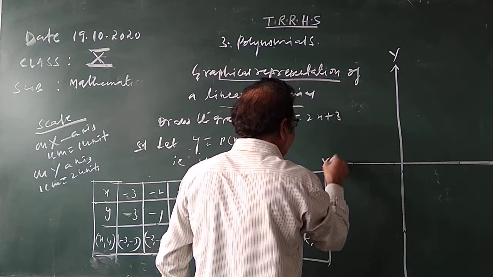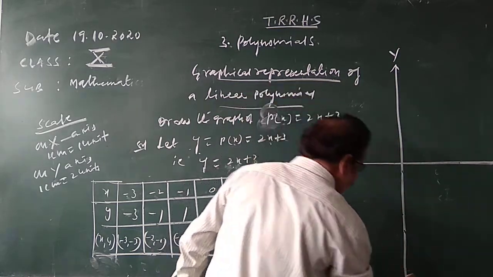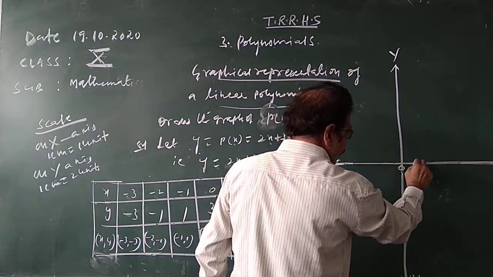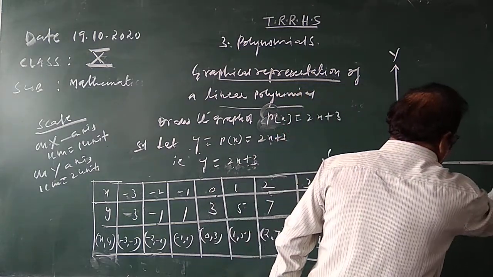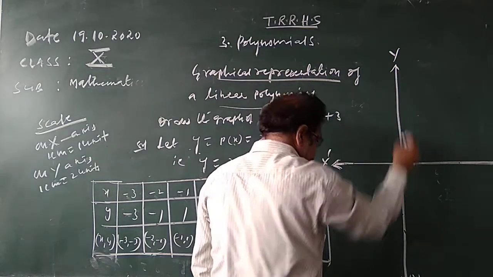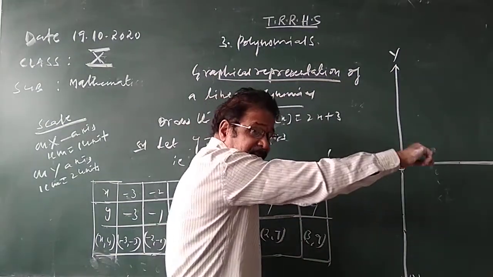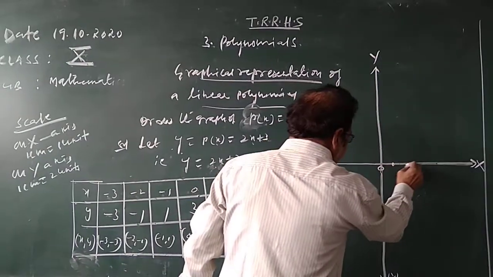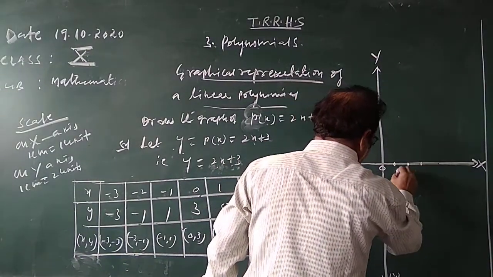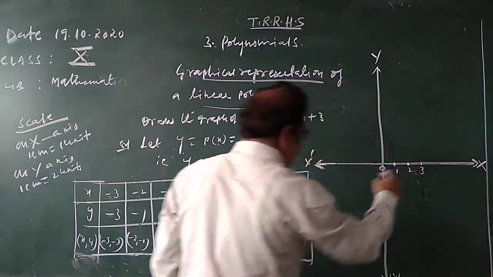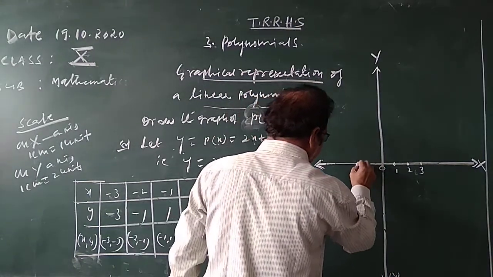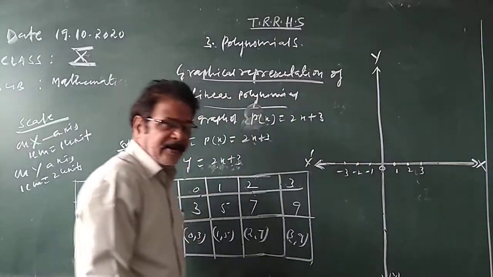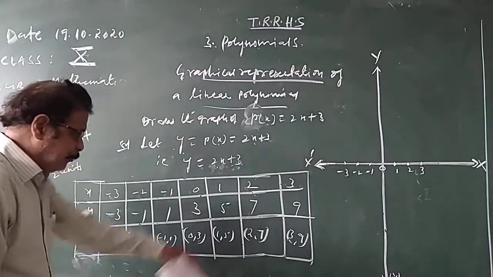This is x dash, and this is y dash, with 0 at the origin. On the x-axis we mark 1, 2, 3 as positive values, and the negative values minus 1, minus 2. The y values go up to 9.